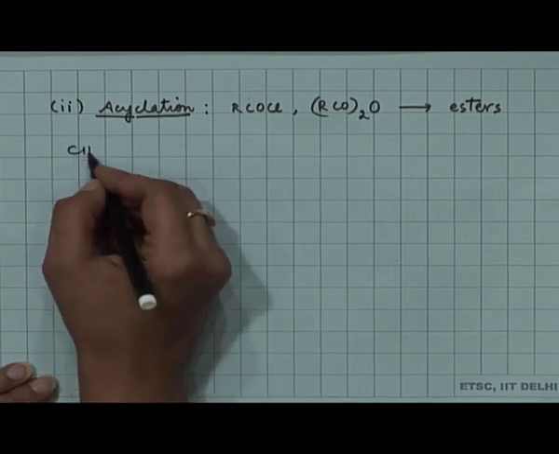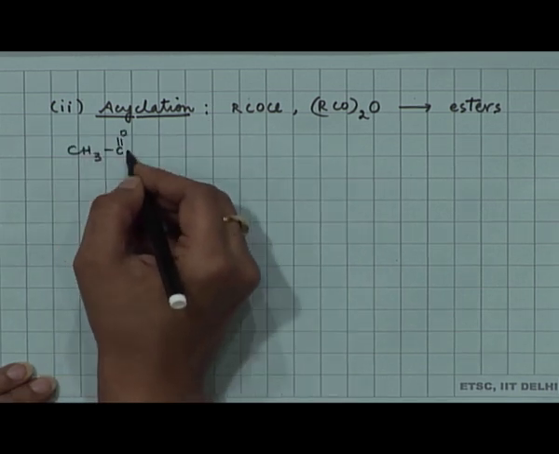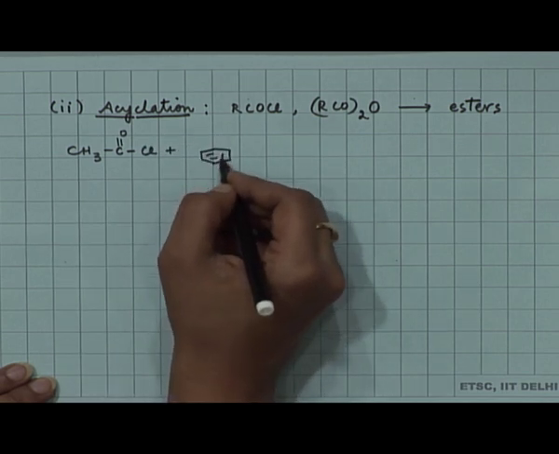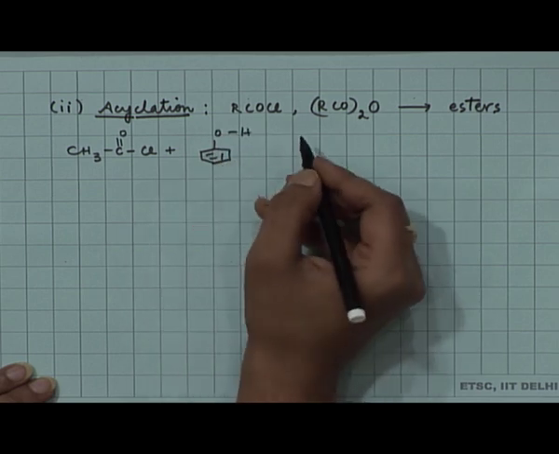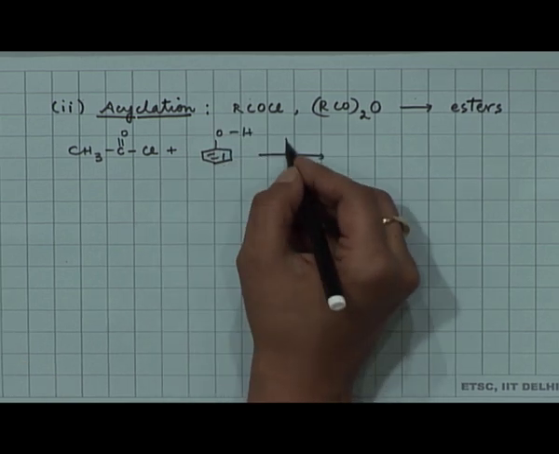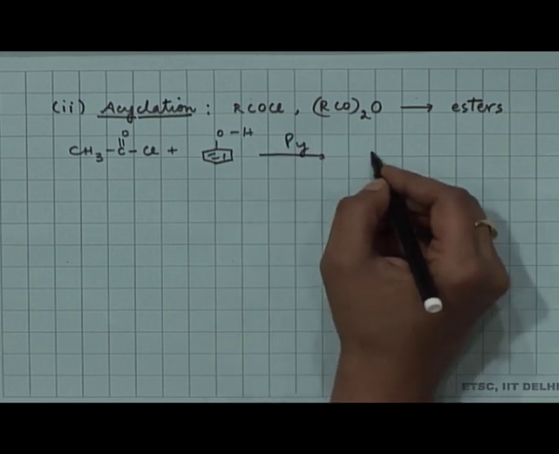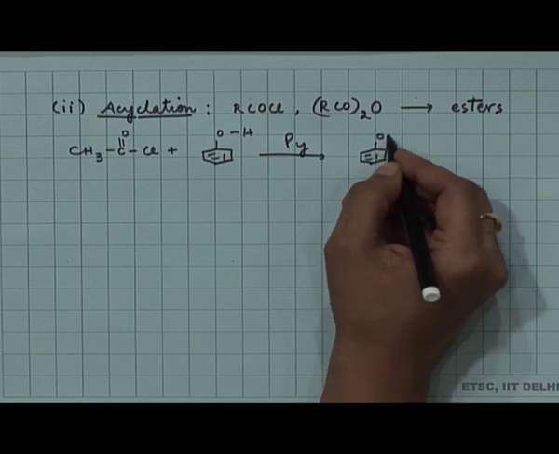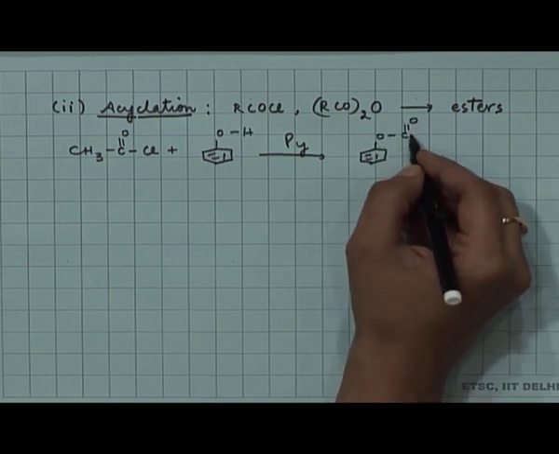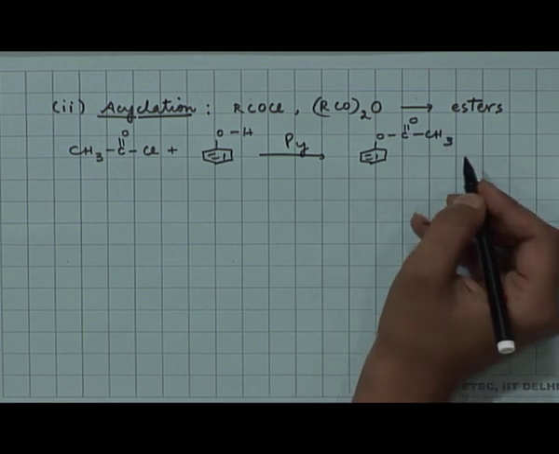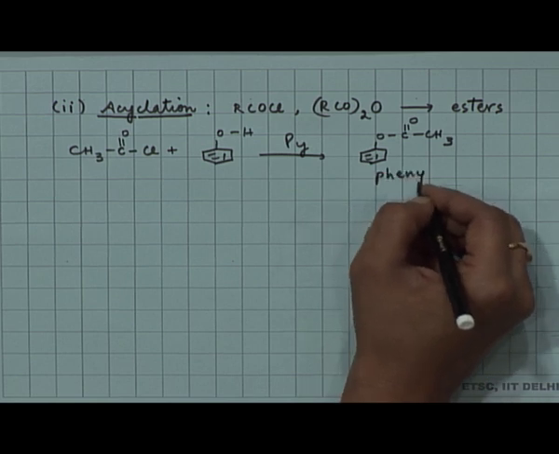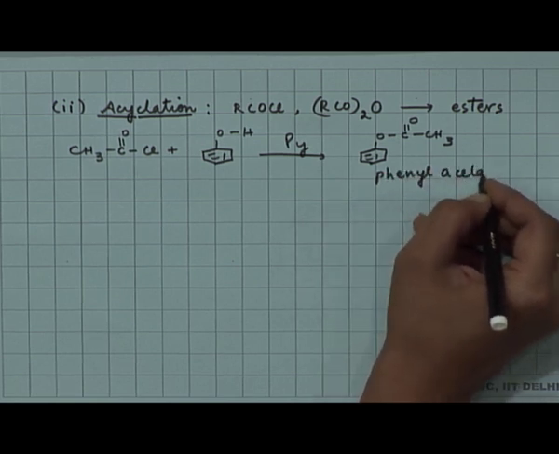So, you take acetyl chloride, treat it with phenol, and what you get is this ester which is phenyl acetate.